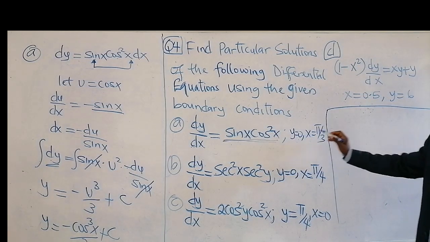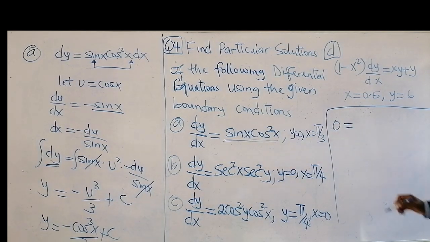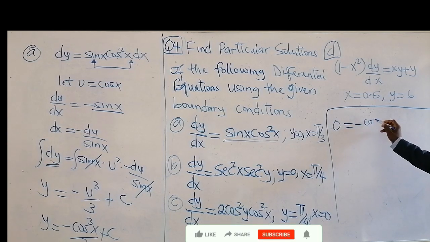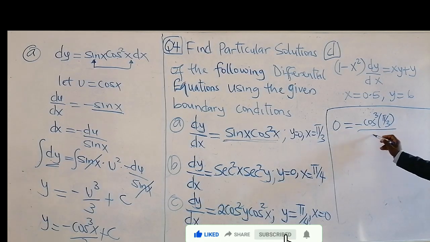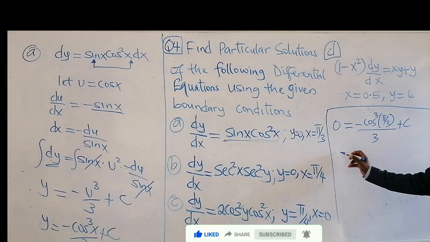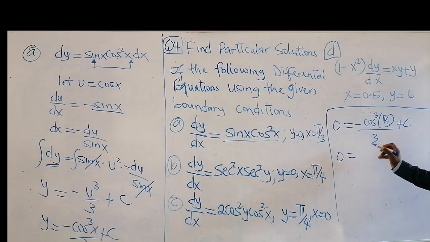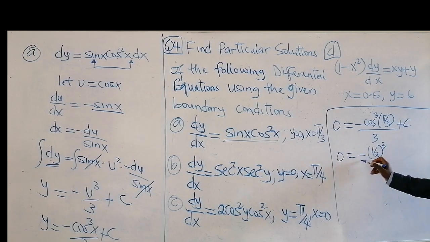And when you have the boundary condition, you substitute those values. y is 0 equal to minus cos cube pi over 3, all over 3, plus c. So 0 equals minus, cos pi over 3 is 1 over 2, so 2 power 3 is 8, that will be 1 over 8.